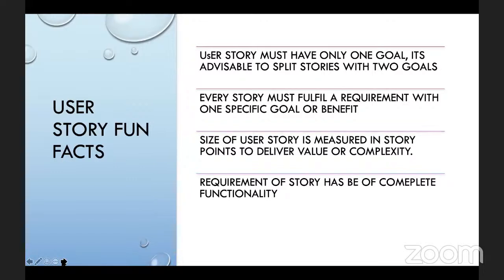As a user, as an advisor, as an originator, as a loan underwriter, whatever your role or the role of the persona might be, I want the ability to do this so that I can, we need to have just one benefit. It cannot be 2, 3 benefits in there. That means you're going overboard. Something is not correct over there, right?